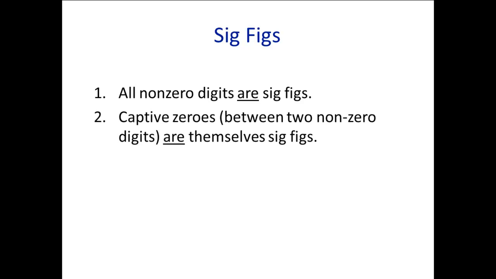2. Captive zeros, between 2 non-zero digits, are themselves sig figs. If a zero is between 2 non-zero digits, then it must have been read off the instrument. Therefore, it is a sig fig. Captive zeros are zeros that are between non-zero digits.